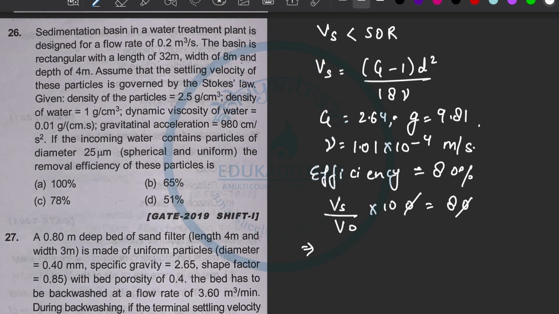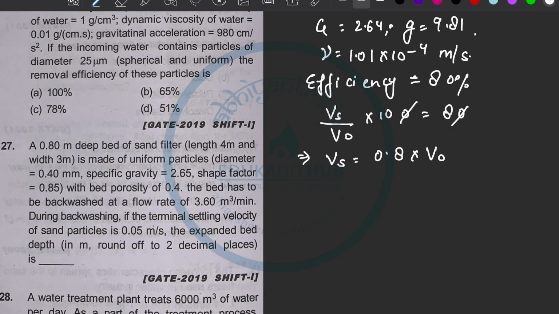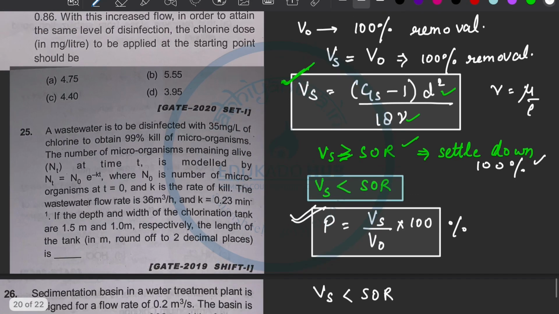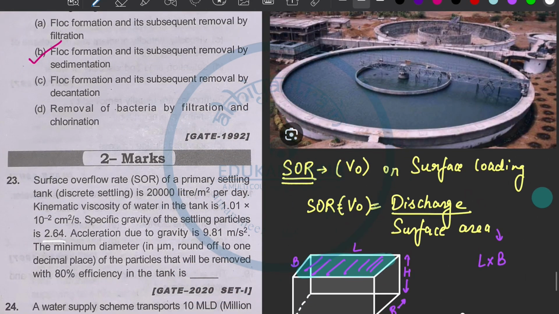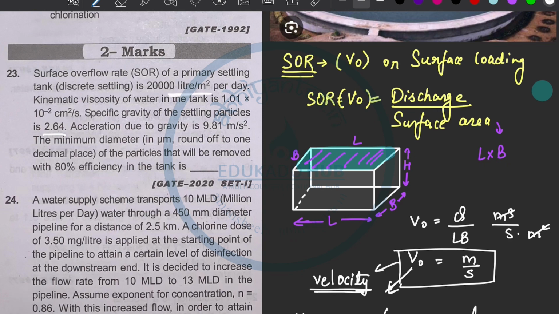From here we can say that Vs is equal to 0.8 into V naught, and V naught can be calculated. V naught is nothing but the surface overflow rate, that is discharge upon area.